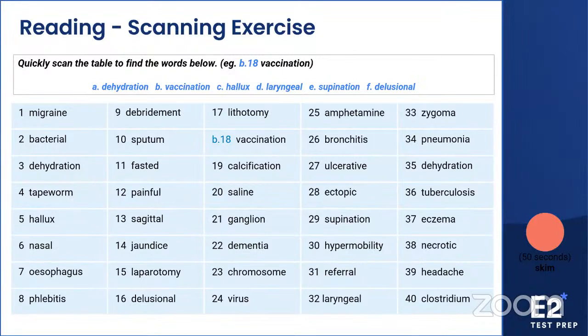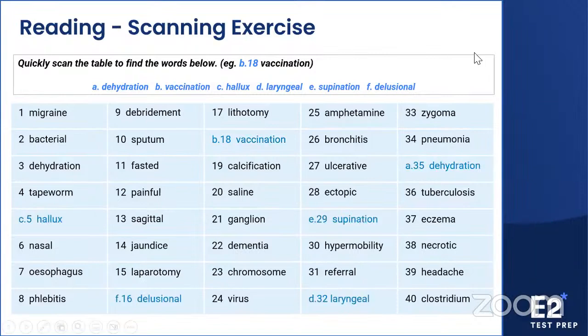I'll go for 10 more seconds. All right, answers have poured in here. Well done. There are the answers.